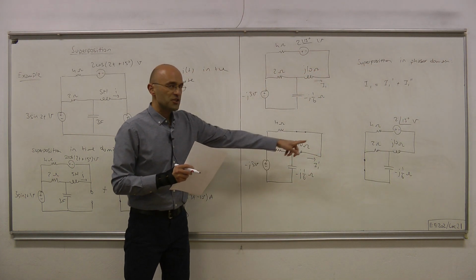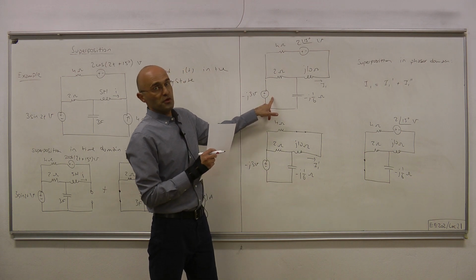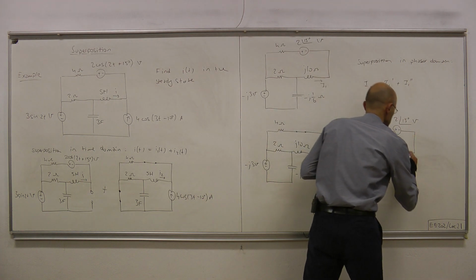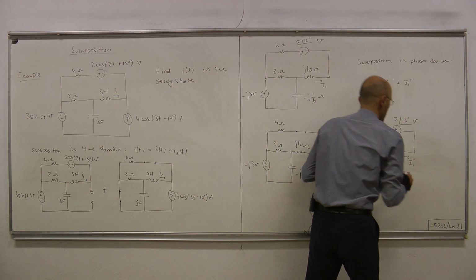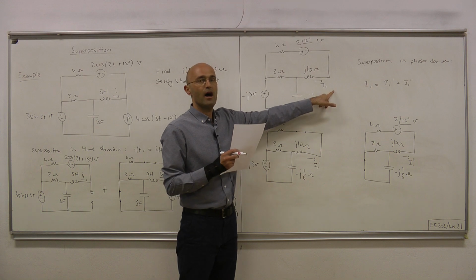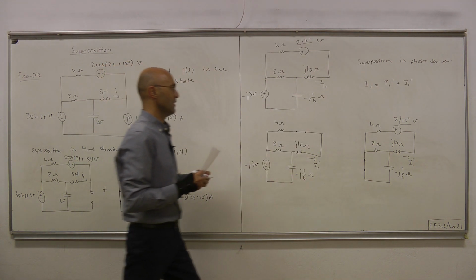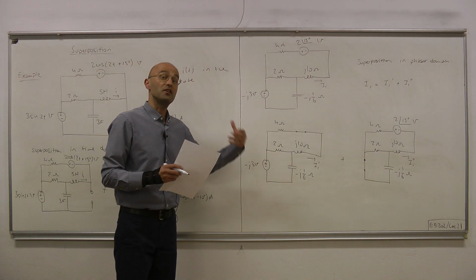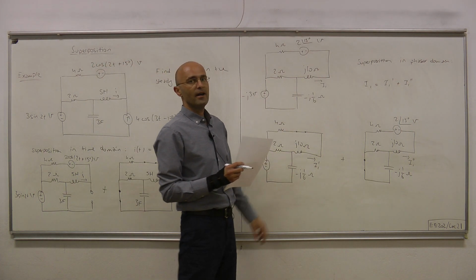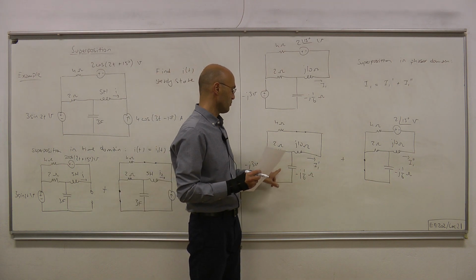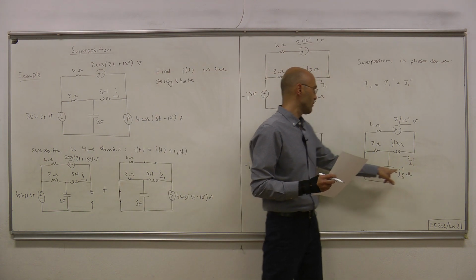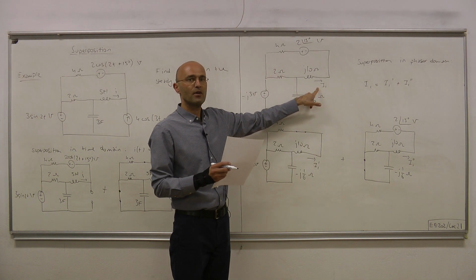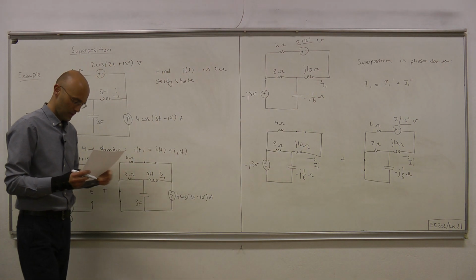In the second case, this source is killed and the only active source is this one. And then this source will produce the I1 double prime component of I1. Since the phasor domain circuit is also LTI, we can apply superposition. Compute I1 prime from this circuit, compute I1 double prime for this circuit, and then we can superpose them to obtain I1 of the original phasor domain circuit.